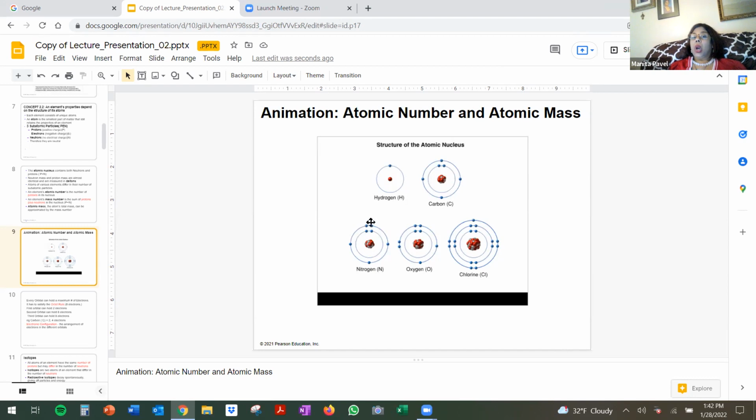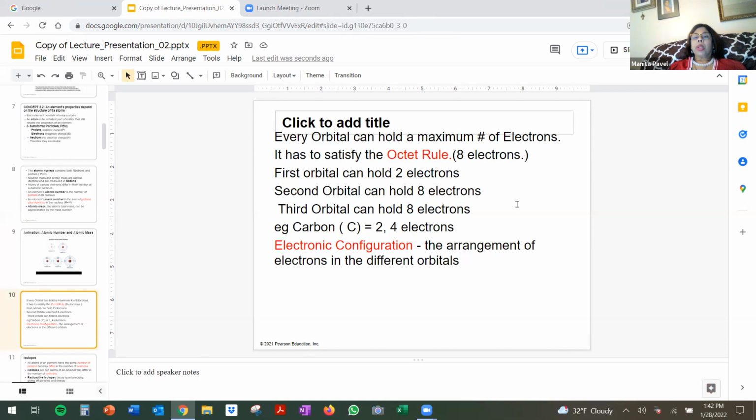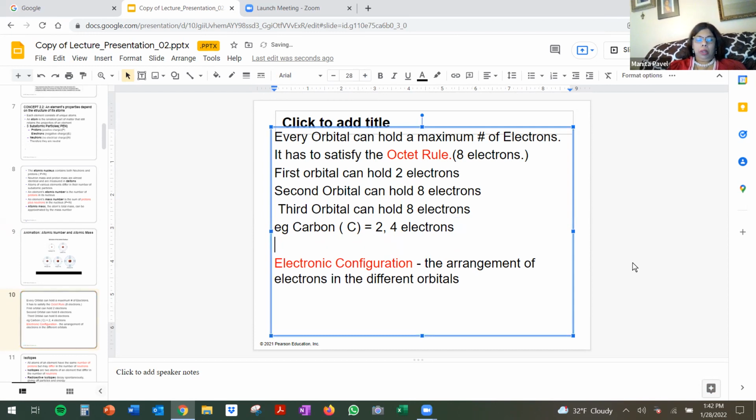For the second orbital, if nitrogen is 7, I'm going to put it here, nitrogen is equal to 7. Therefore, we are going to have 2, and 7 minus 2 is 5.